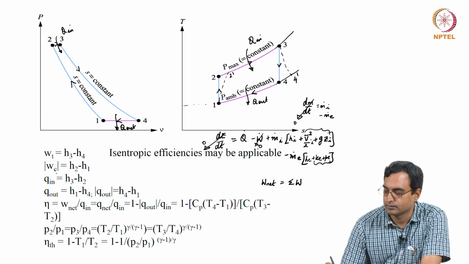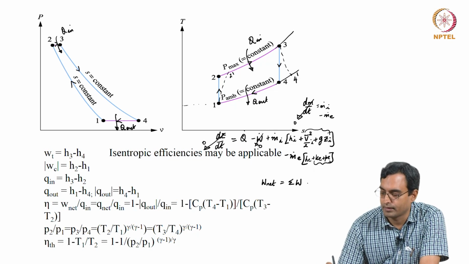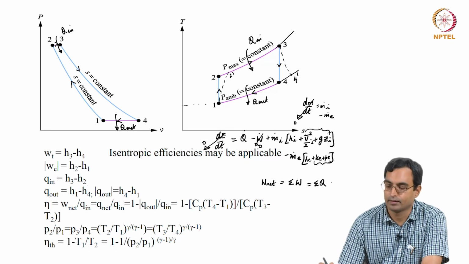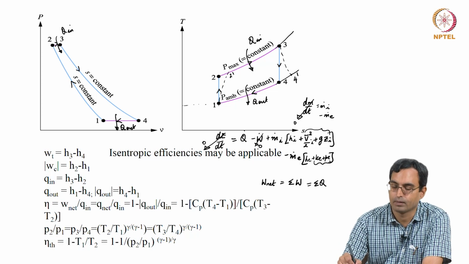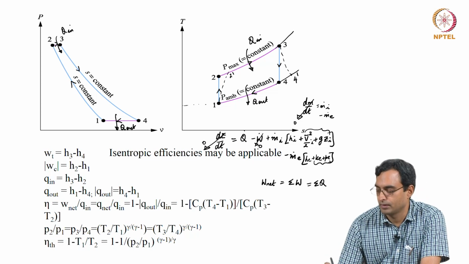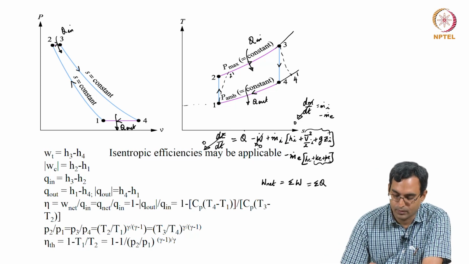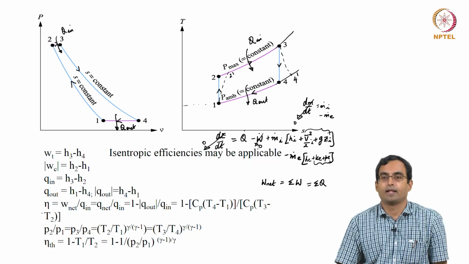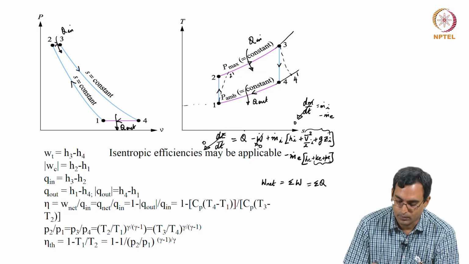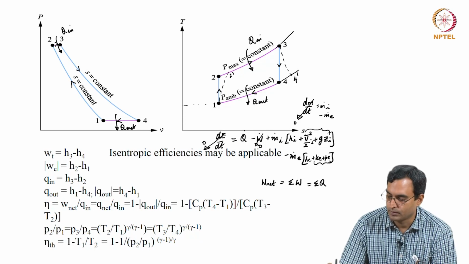From the first law, we also know that W net is equal to Q net. For first law for a cyclic process, there is no change in internal energy, because we reach back to the same point always. So, this is true. So, we can also write this as Q net. So, the efficiency is the net work divided by the heat input. Net work is equal to net heat.